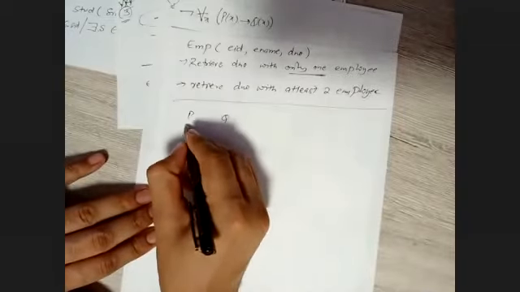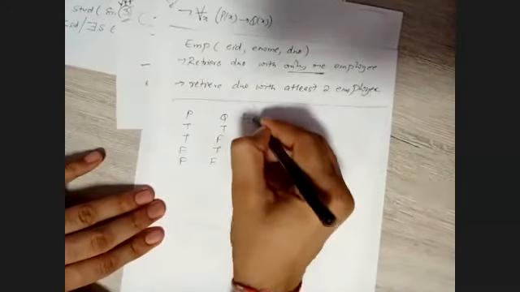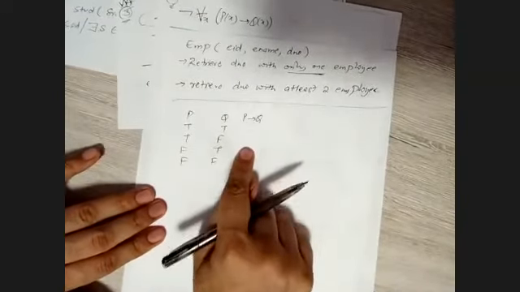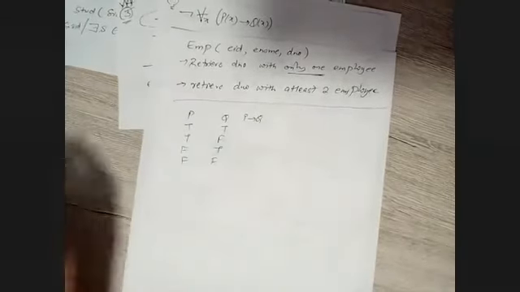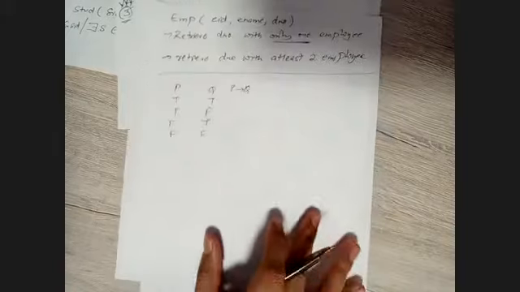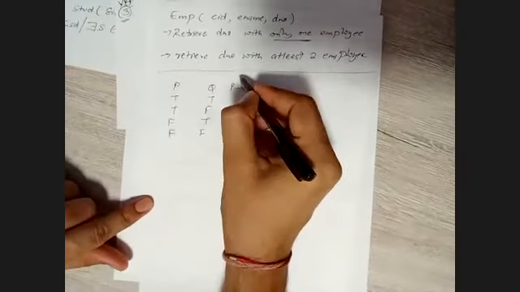See, this is p q, right? Probably let's take true true, true false, false true and false false. If I say p implies q, what should be the output here? Understand? See, there is a way, probably everyone has a different way, but there is my way. I know how I remember these things here, especially for p implies q here.